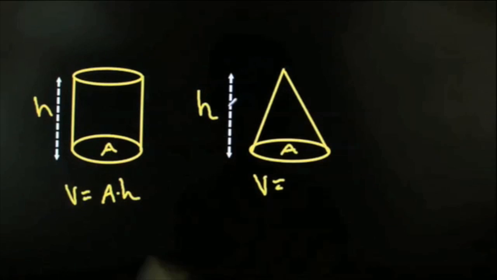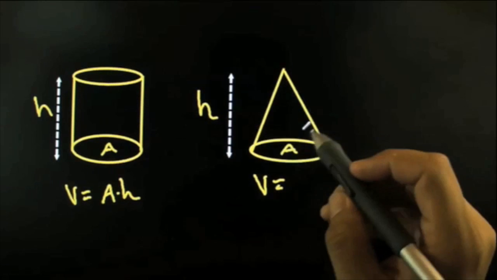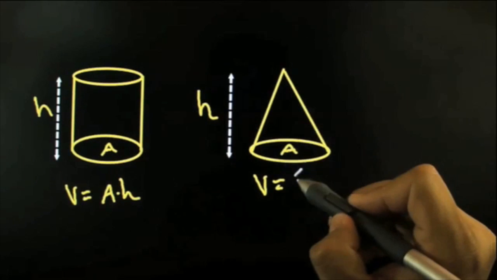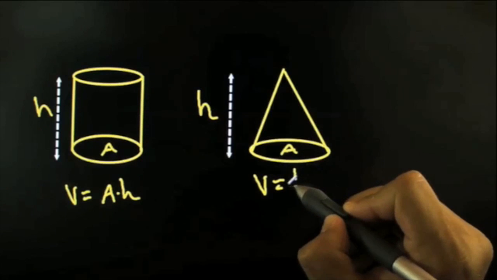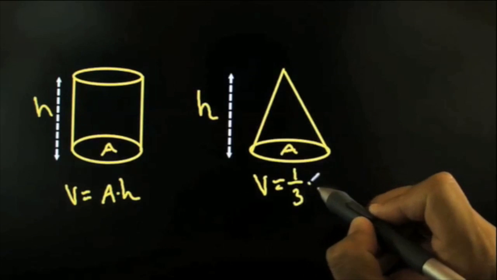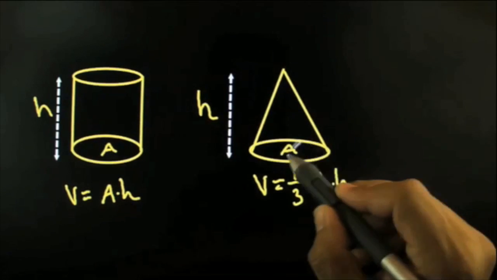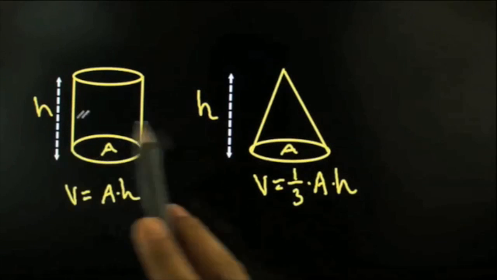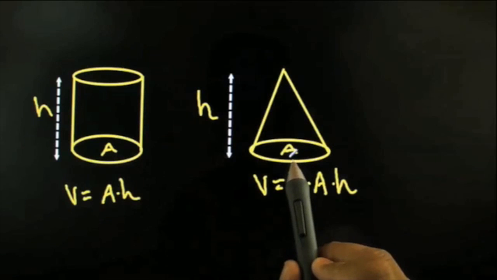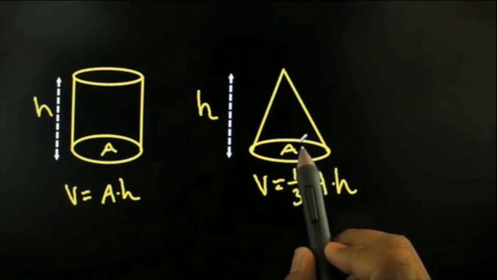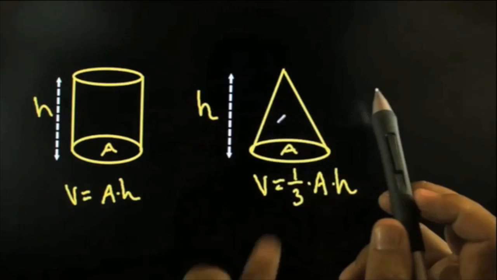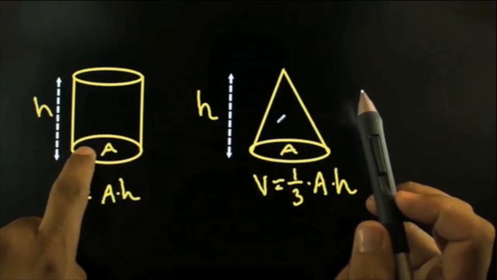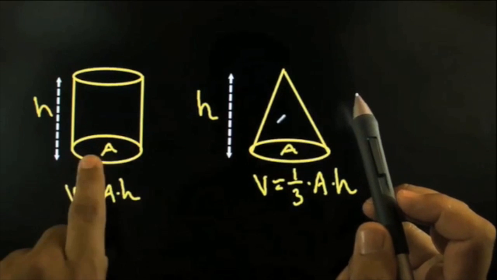And the amazing result, amazing to me, or intriguing, is it's exactly 1/3 times the area on the bottom times the height. In other words, let's assume the heights are the same and the area on the bottom is the same. Exactly 3 of these fit in that shape. That's what this is stating.